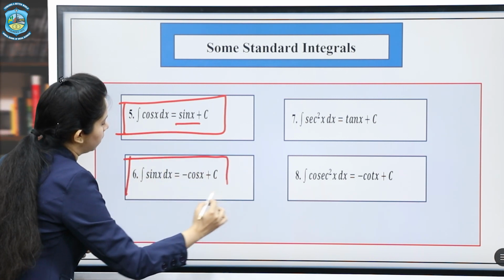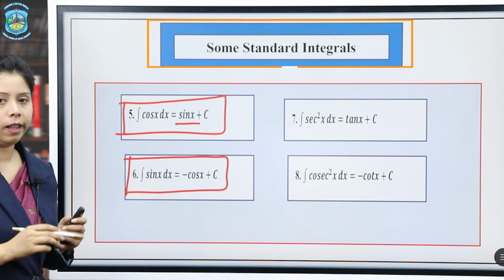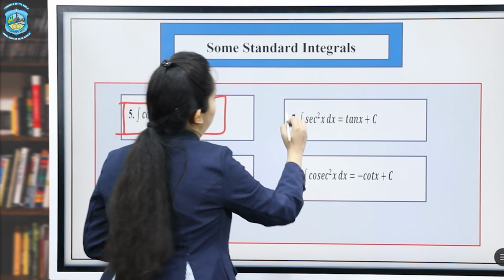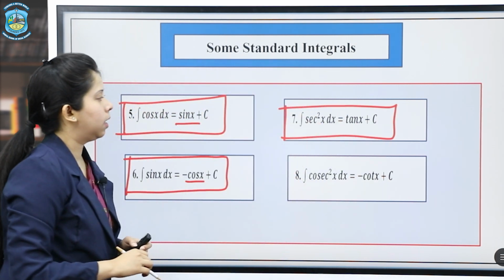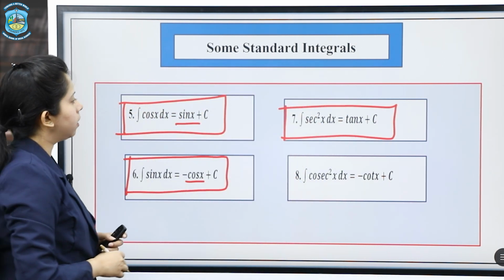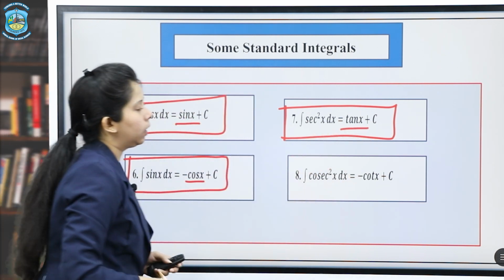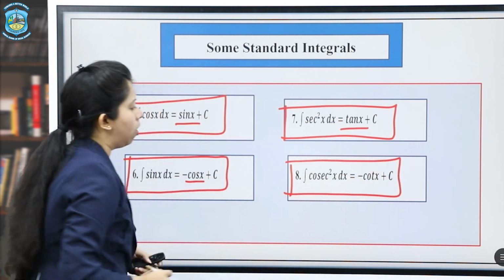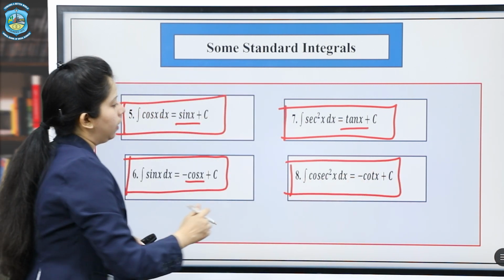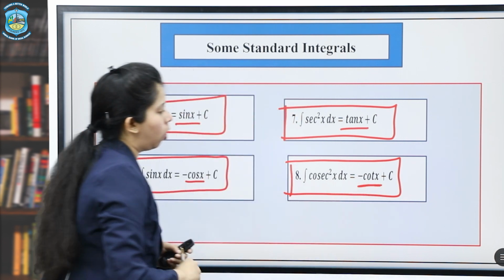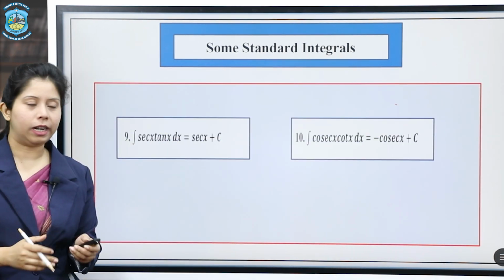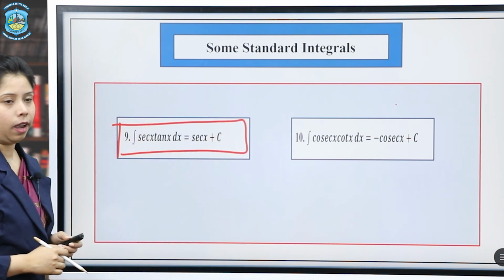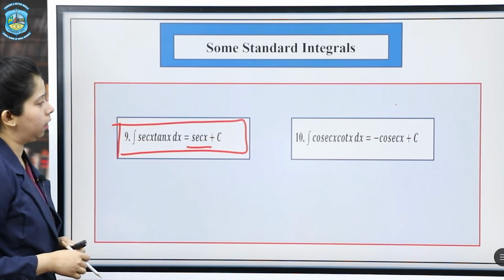The sixth formula is integration of sin x, and that is equal to minus cos x plus c. Now, the seventh formula is integration of sec square x dx, and that is equal to tan x plus c. Eighth is integration of cosec square x dx, and that is equal to minus cot x plus c. Now, the ninth formula is integral sec x tan x dx, and that is equal to sec x plus c.